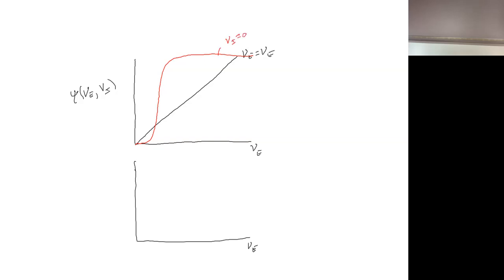And remember, what we're looking for is psi of nu E comma nu I equals nu E. So this is a curve along which psi E of nu E comma 0 equals nu E. Okay?